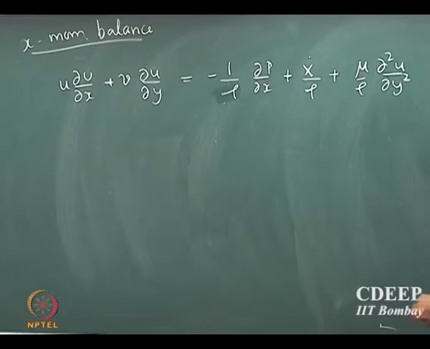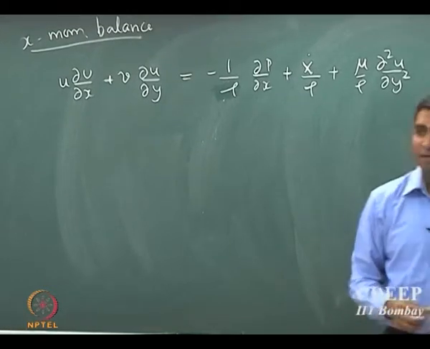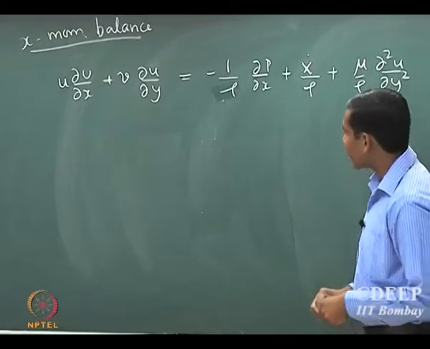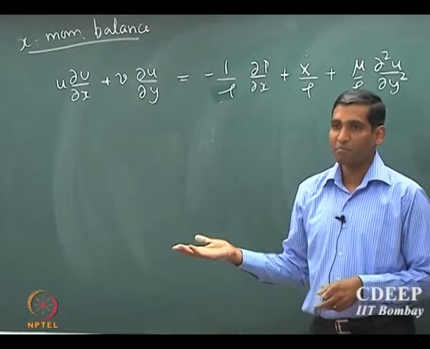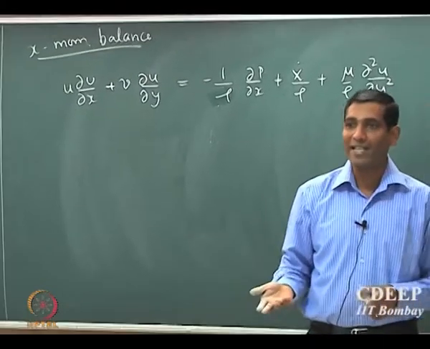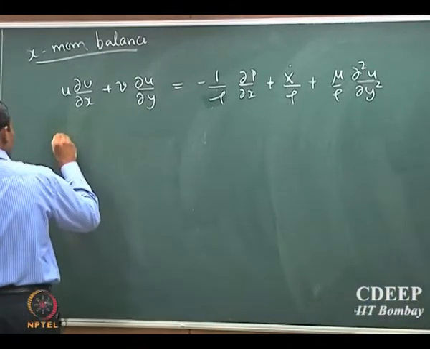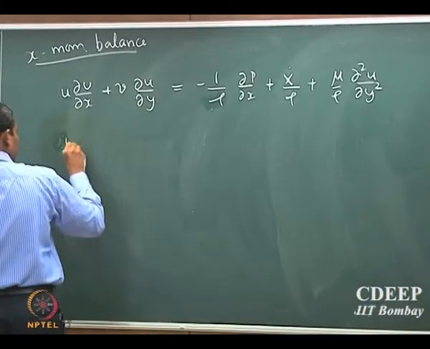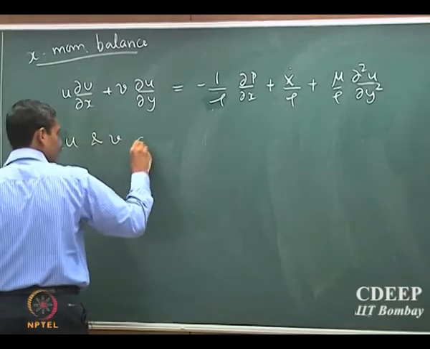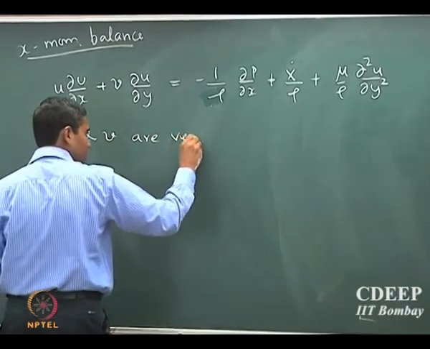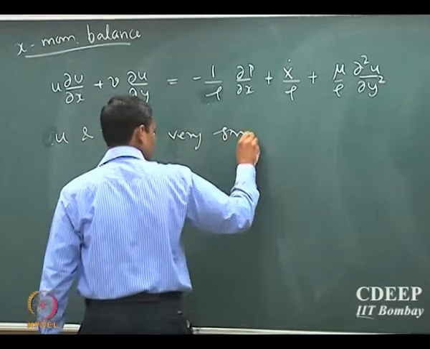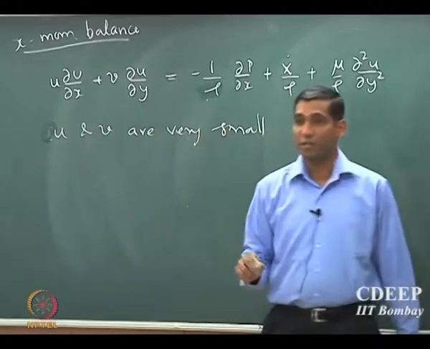Now, we make an assumption here. One could actually proceed without the assumption, but you will not get some of the insights. So the first assumption we make is that u and v are very small, and that's not a bad assumption actually.